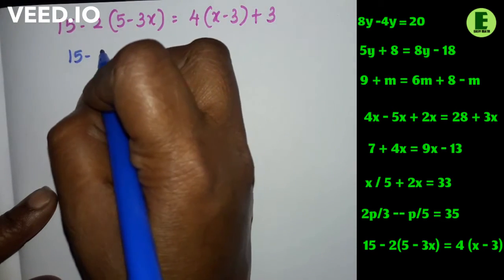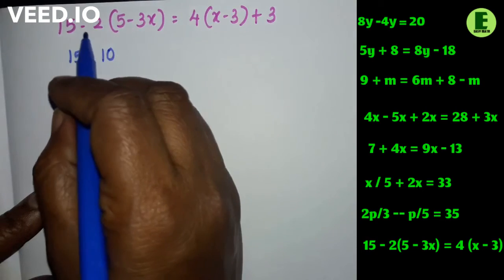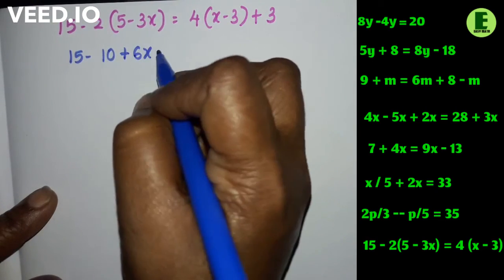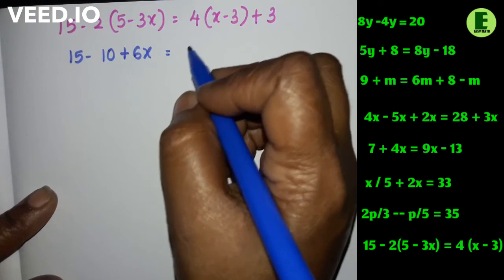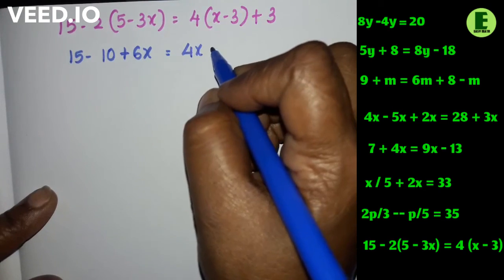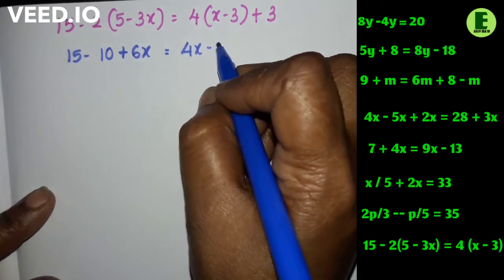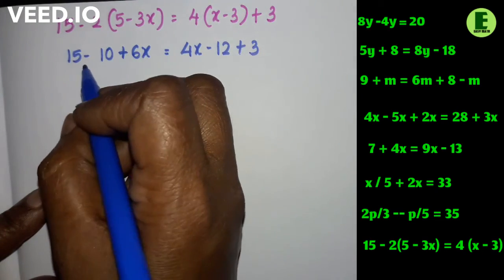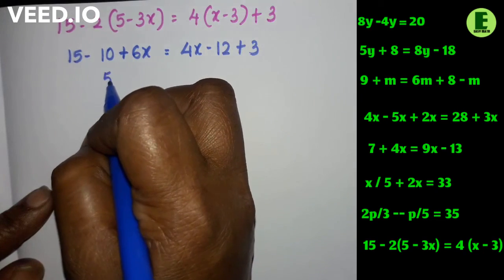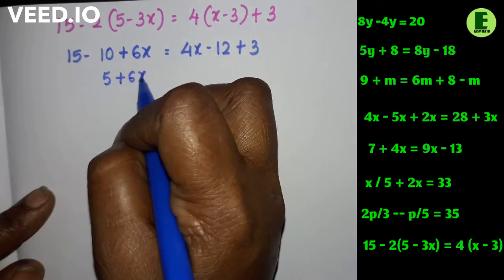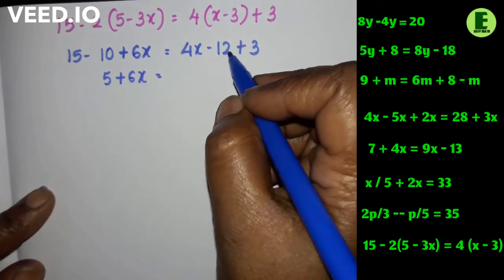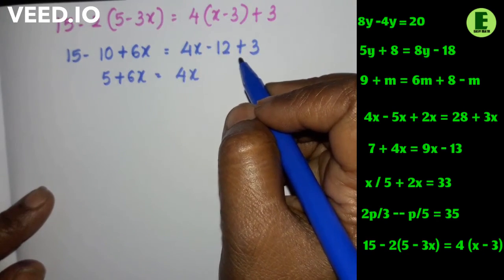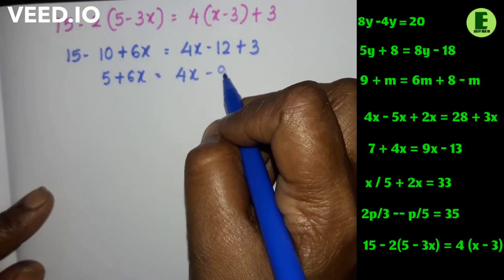So 2 into 5 is 10 minus 2 into minus 3x is plus 6x is equal to 4, you are multiplying with x, so it is 4x. 4 you are multiplying with minus 3, it is minus 12 plus 3. Now 15 minus 10 is 5 plus 6x is equal to 4x, and minus 12 plus 3 is minus 9.